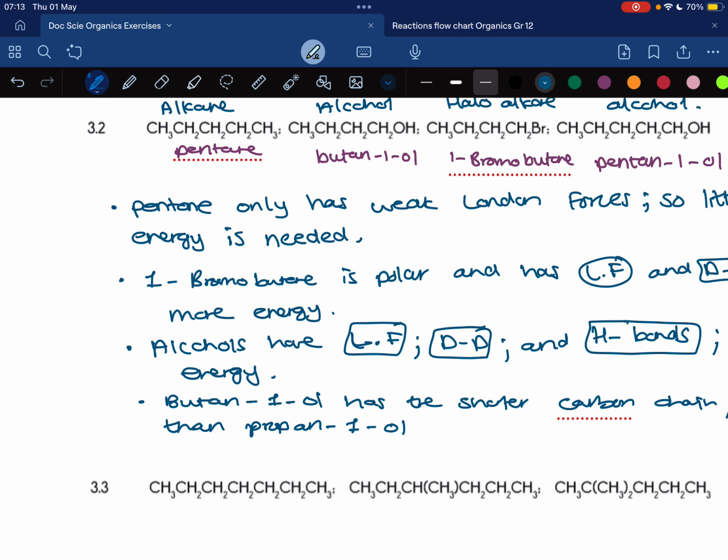So therefore pentan-1-ol has the higher boiling point.